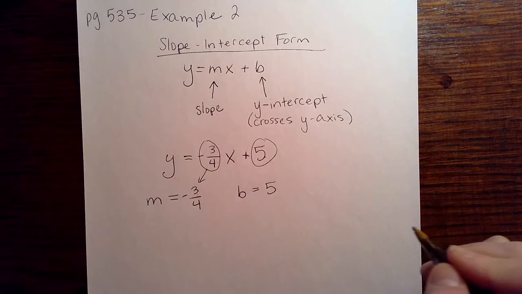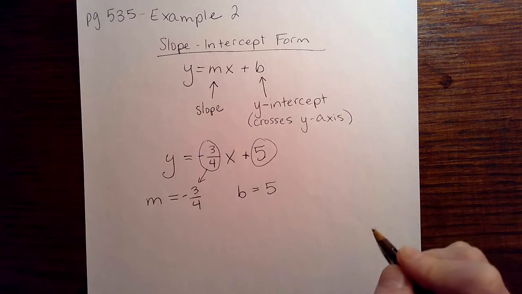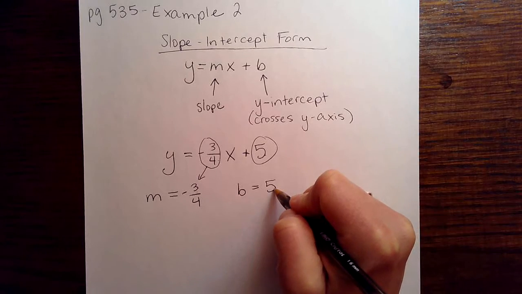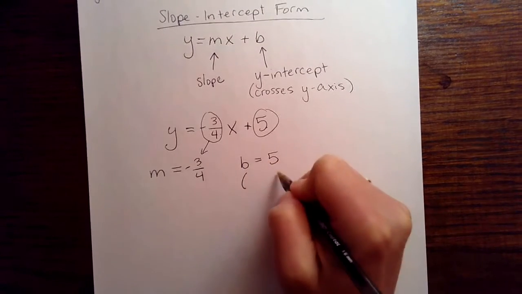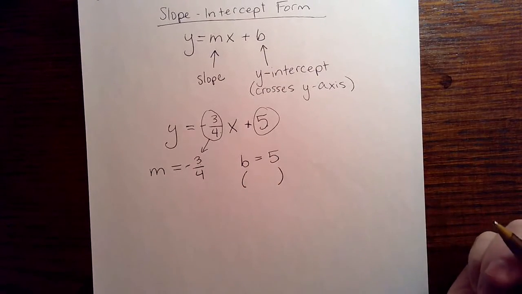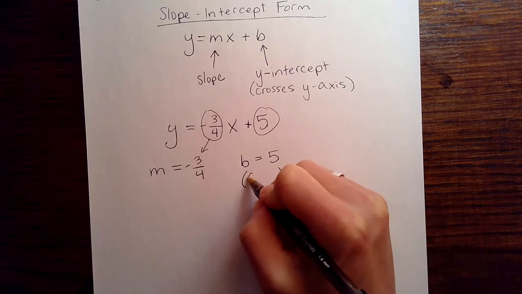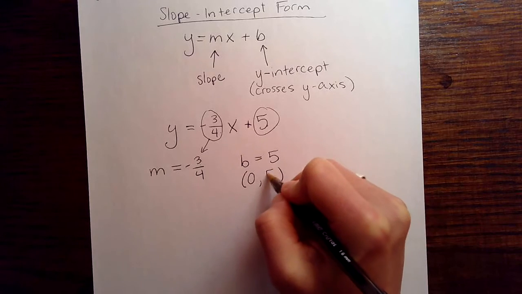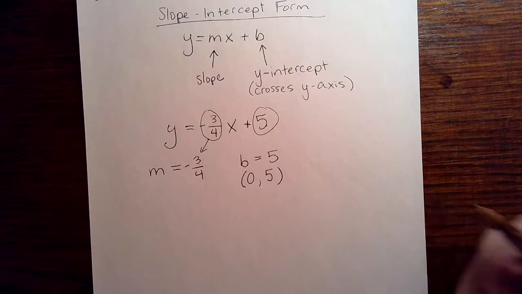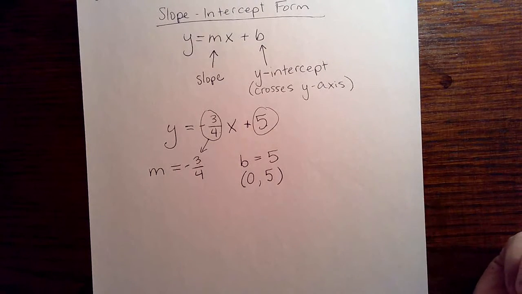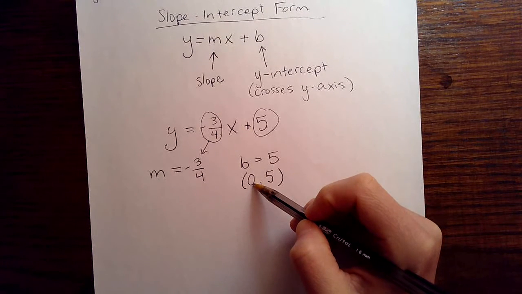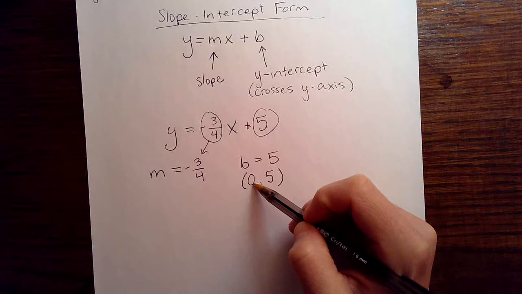So b equals 5, but the intercept, a point on the line, wouldn't just be a number. We write this as an ordered pair, where the x value is always 0 and the y value is this y-intercept number. The reason x is always 0 is because it's on the y-axis.